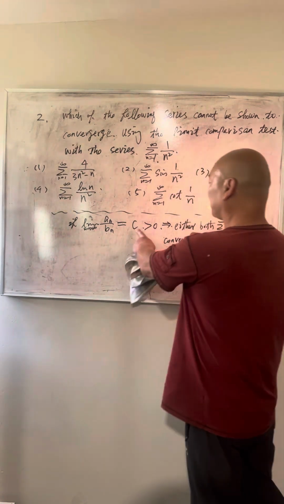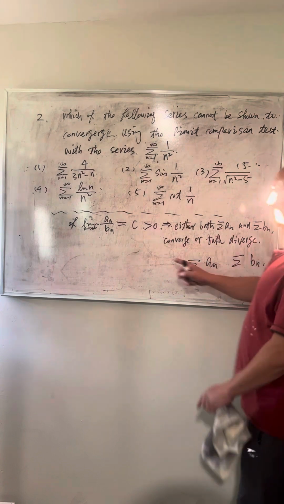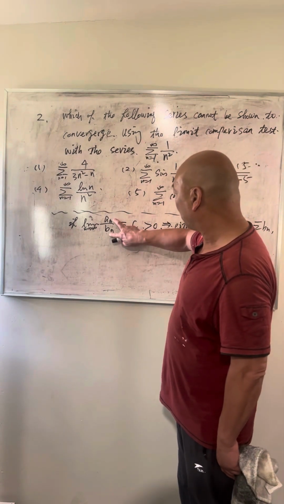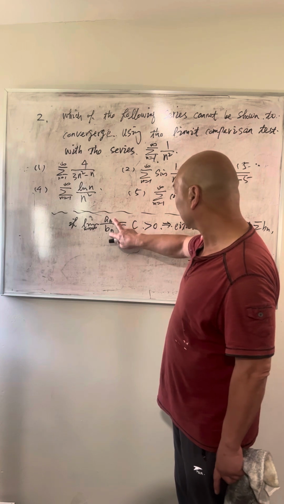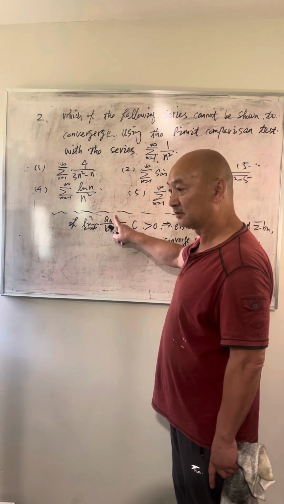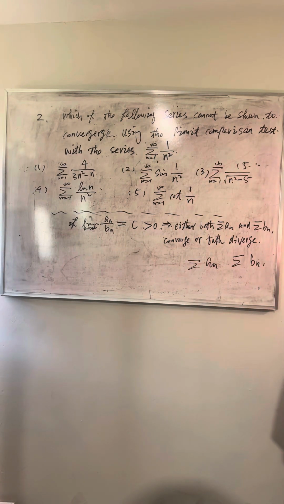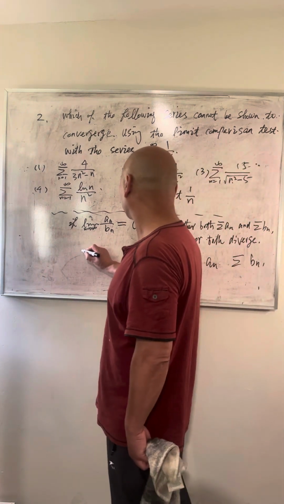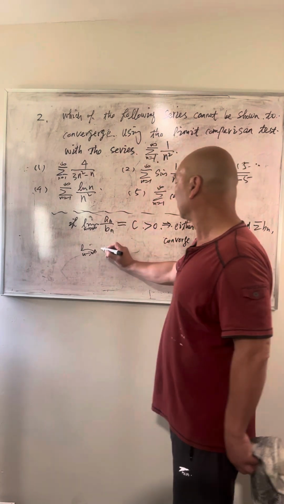If the limit is positive, then both series are either convergent or divergent. That means if this is convergent, this is convergent. If this is divergent, this is divergent. This is the limit comparison test.